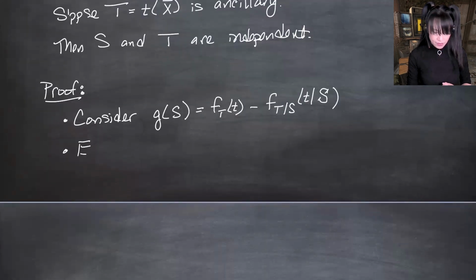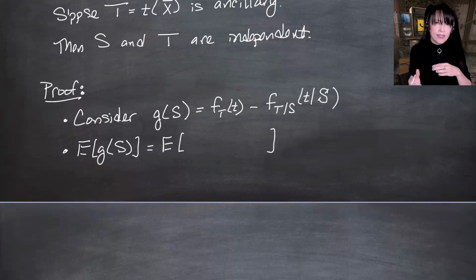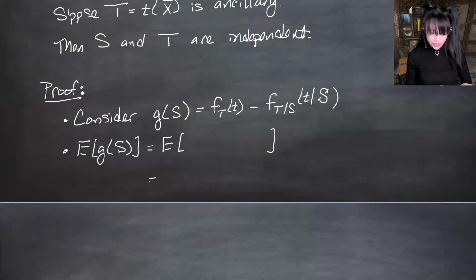So the expected value of G of capital S is the expected value of all this stuff. So I'm going to take the expectation onto each term. The first term has nothing random, so it's like a constant in the sense that it's not random. I'm not saying it's a constant function, but it is not random, so its expectation is just whatever it is, f_T of t.